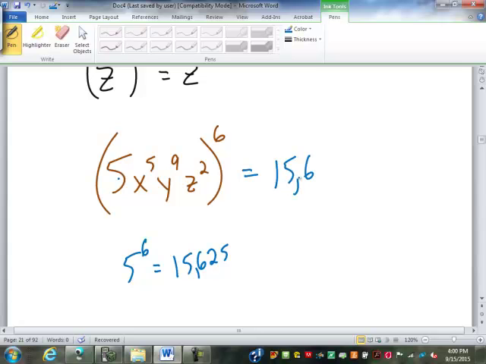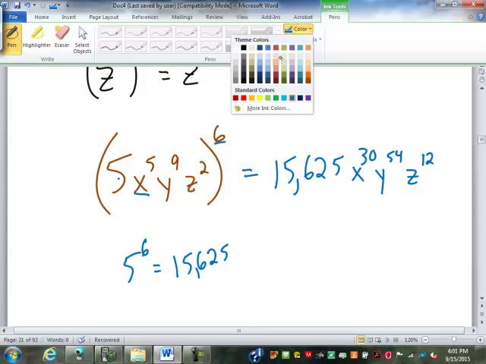So the number, the coefficient, still gets taken to the power of 6 in this case. So we still have to do that. Now, x to the 5th to the power of 6 is going to become x to the 30th. Y to the 9th to the power of 6 is going to be y to the 54th. 9 times 6 is 54. Z to the 12th. Very good.